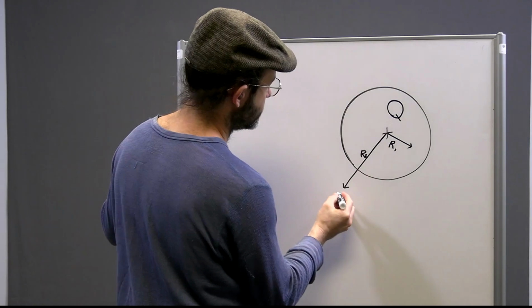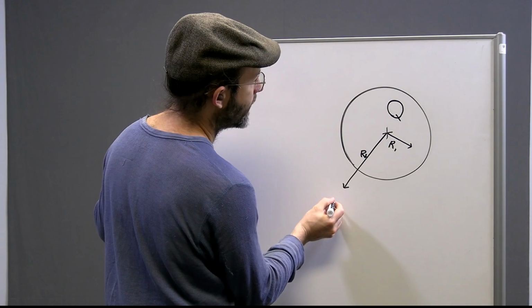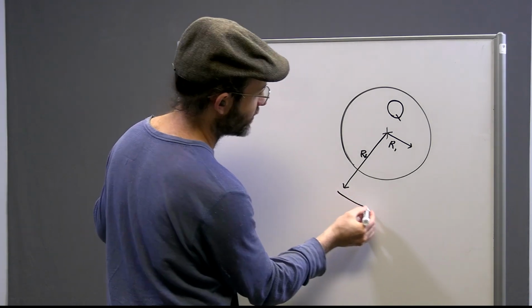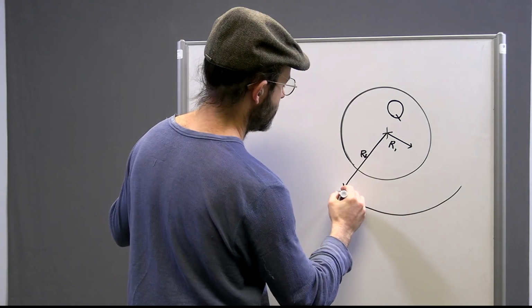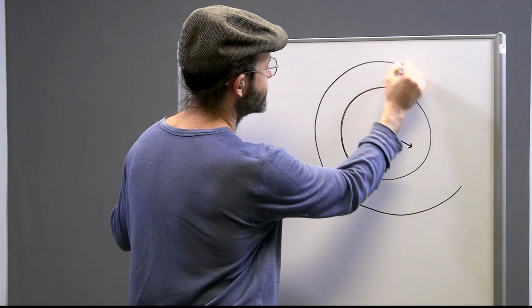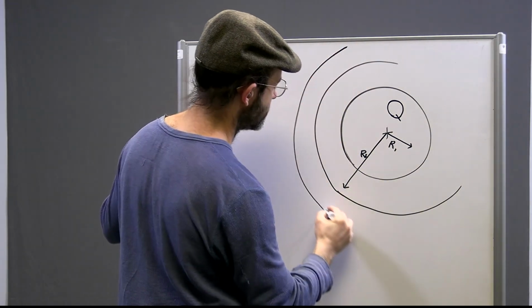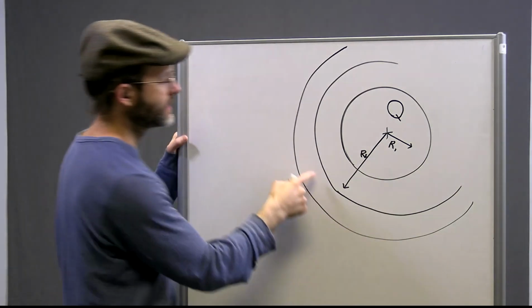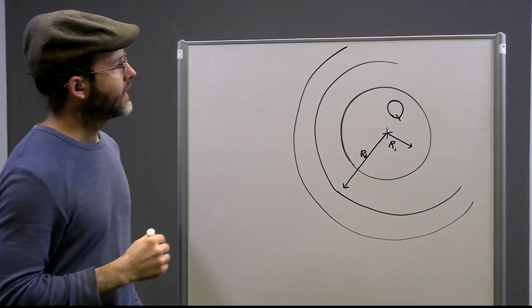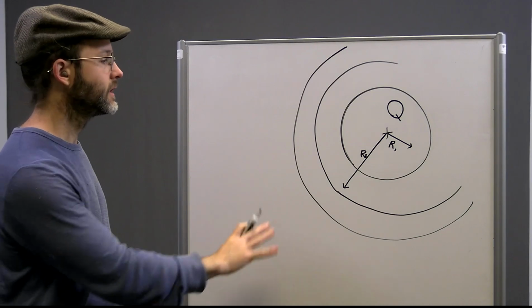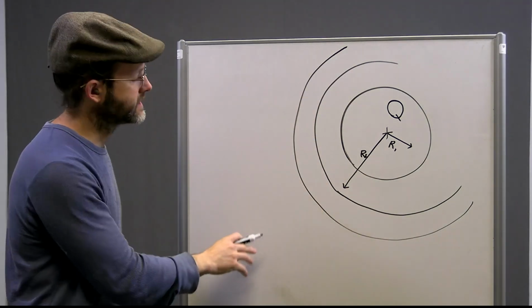What we're going to do is take, now I may go off the edge here of the board, but we're going to draw a spherical shell. So we're going to have a shell, and this is going to be a conducting material. There is no net charge placed on that conducting material before it is brought into the system.